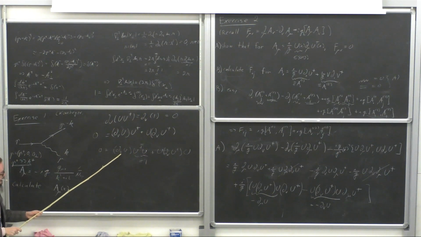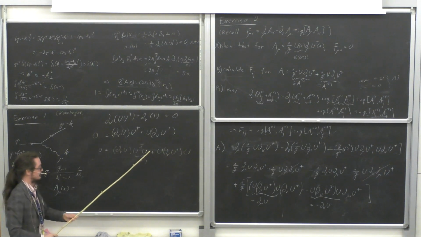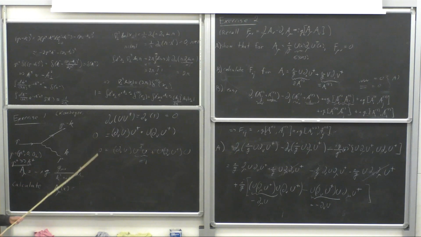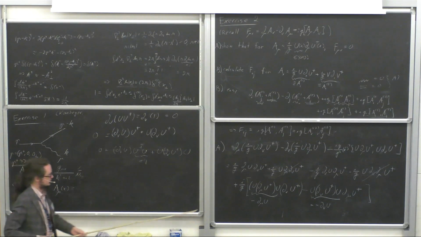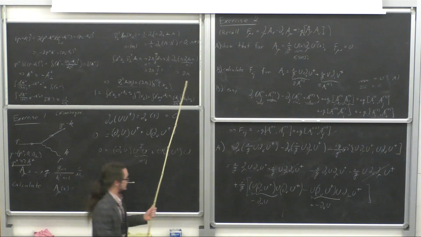So a derivative of U is minus U, derivative U dagger U, and the minus sign comes from moving one of these terms to the other side of the equation. So thus I know that this is just a derivative of U.